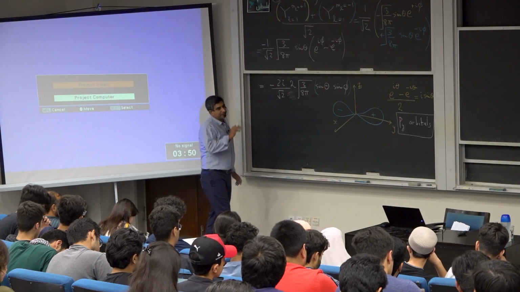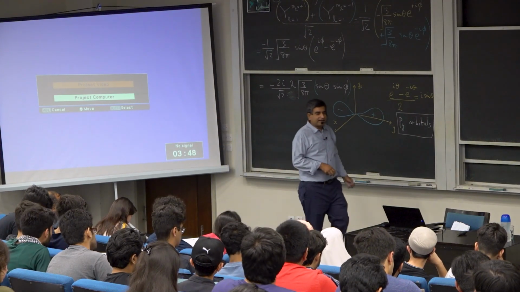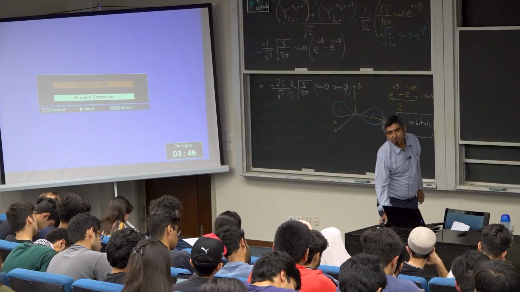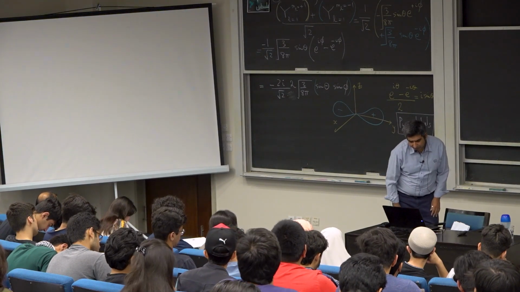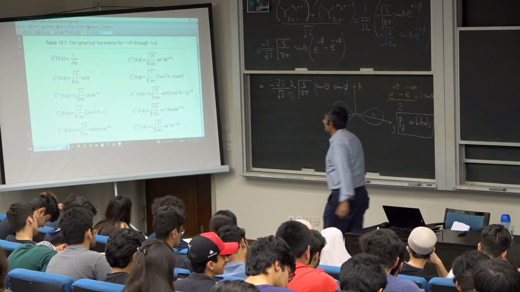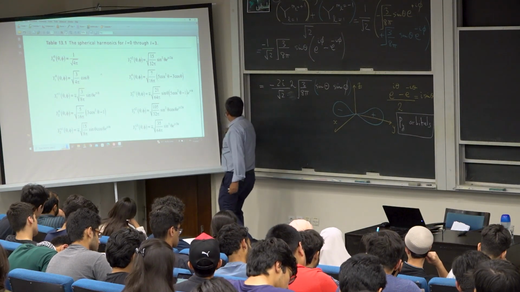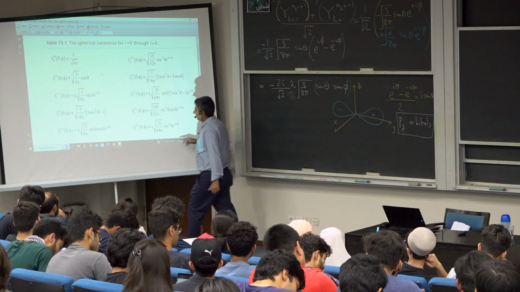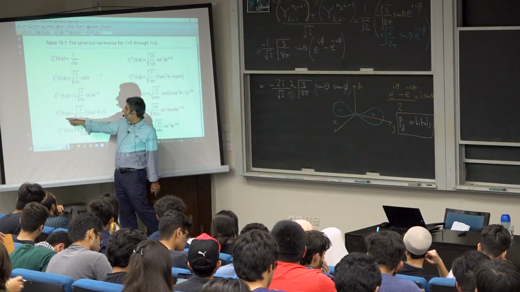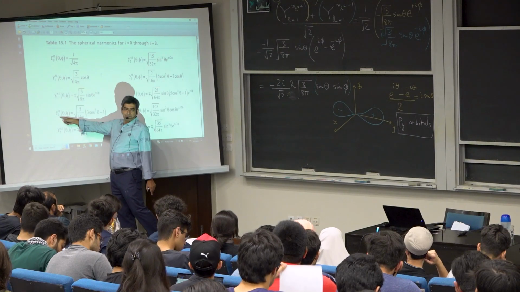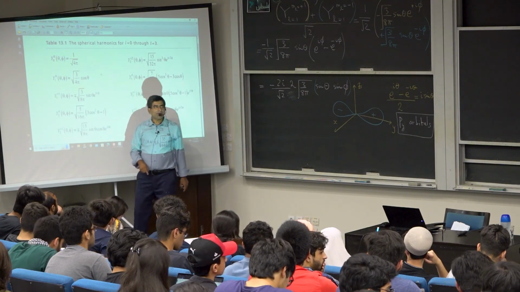Let's look at one more example of an orbital. Let's try drawing a d orbital. So if I were to focus my attention onto this orbital here, let's look at L equals 2, ML equals 0.